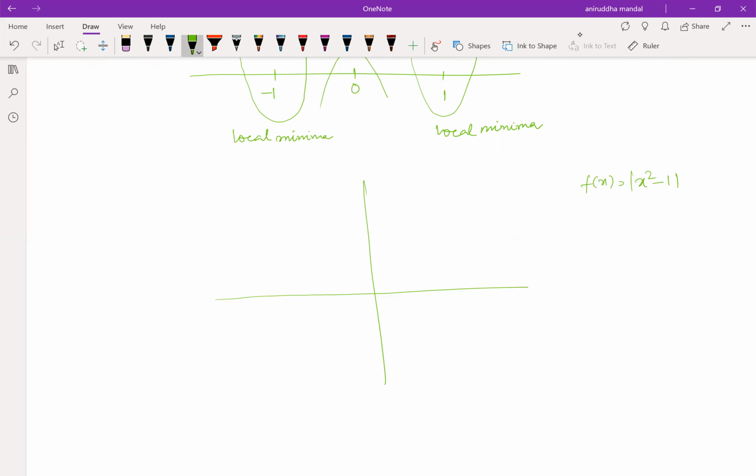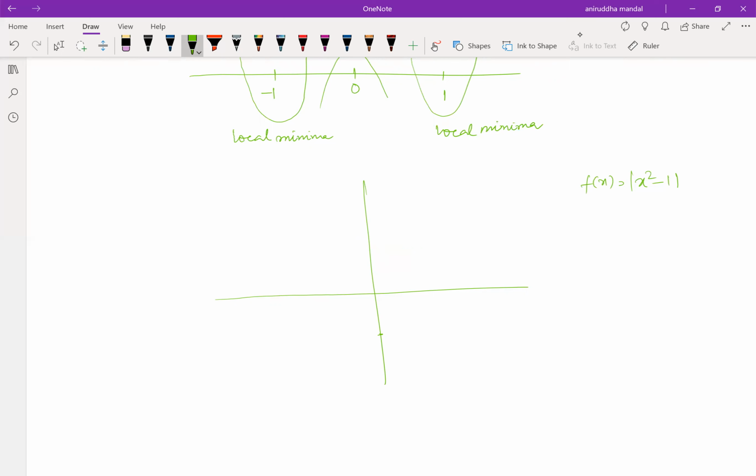We must first know that x square minus 1 is a parabola, and this parabola is symmetric along the y-axis.